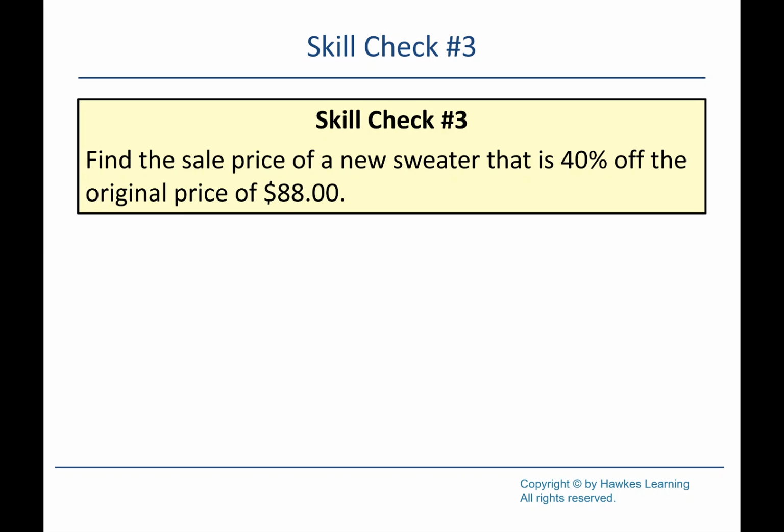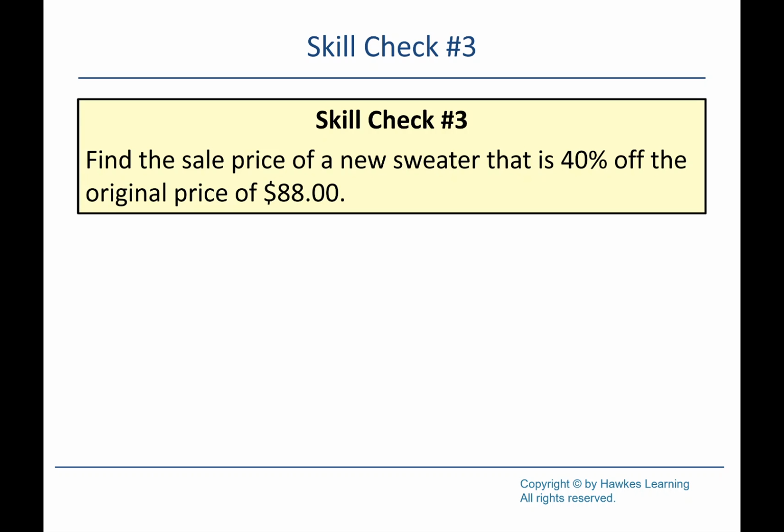So let's estimate it, and then we'll do it with a calculator. Okay? This one says find the sale price of a new sweater that is 40% off the original price of $88. Okay. So if I'm just trying to quickly estimate what that's going to make the price, I would probably call that $88 $90.